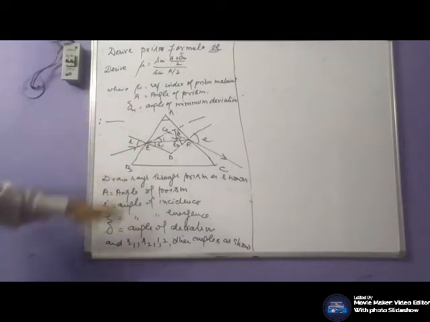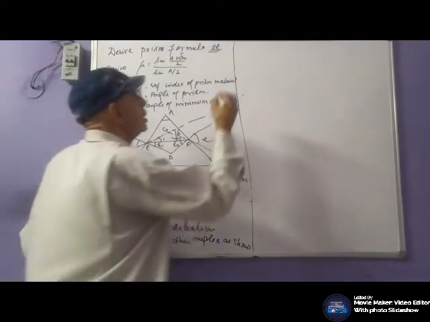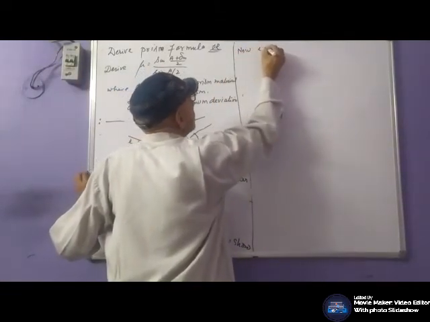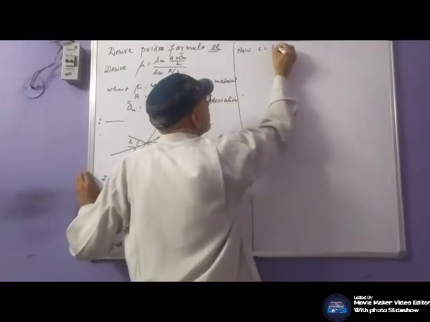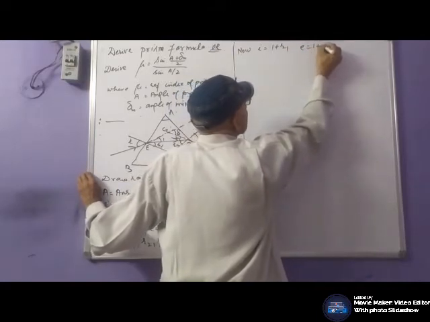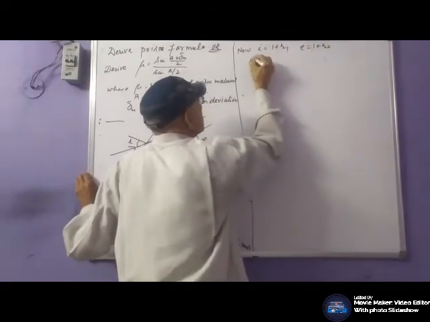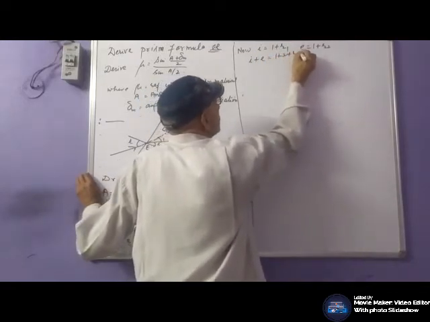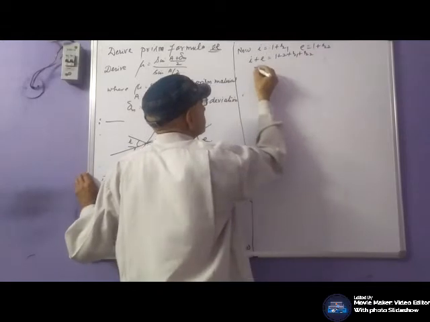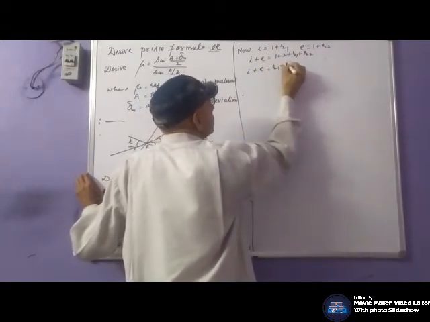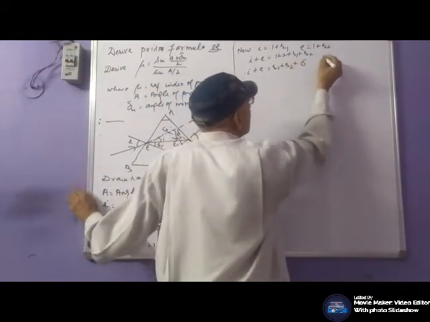This thing we have already done, this one. Now I is 1 plus R1, E is 1 plus R2, I plus E is 1 plus 2, R1 plus R2. I plus E, R1 plus R2, 1 plus 2 is delta.